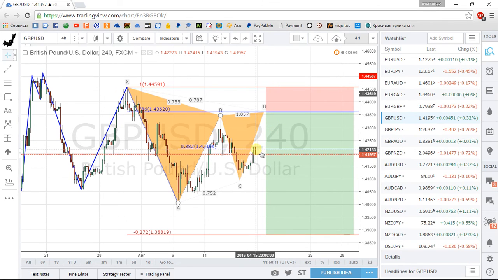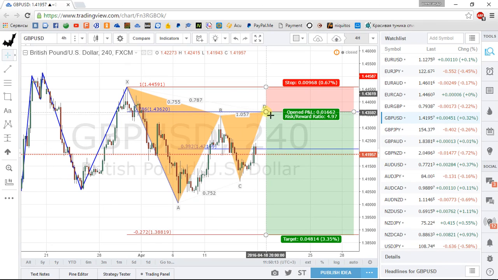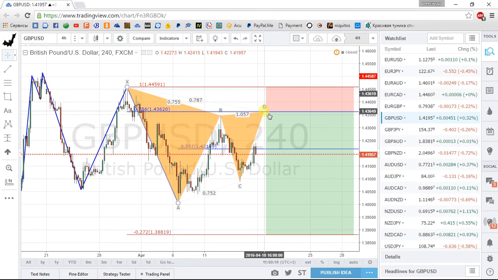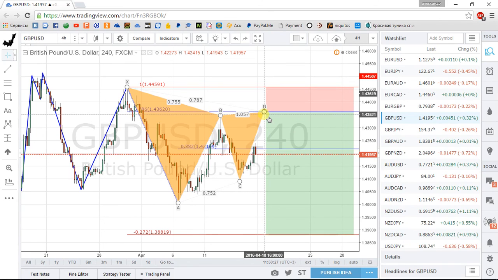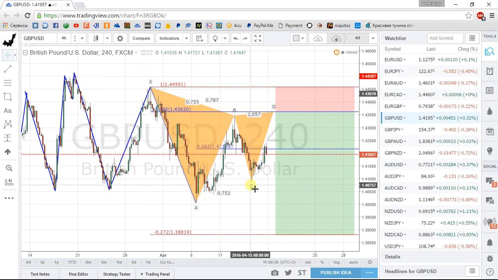I'm telling you that I'm waiting for this price to 786, to completion of this Gatling. I will never enter it if it is not completed. If price will never go there, I will never enter it. Even 1 pip. If it didn't hit my order, even 1 pip, I will never enter it. My rules are very strict.